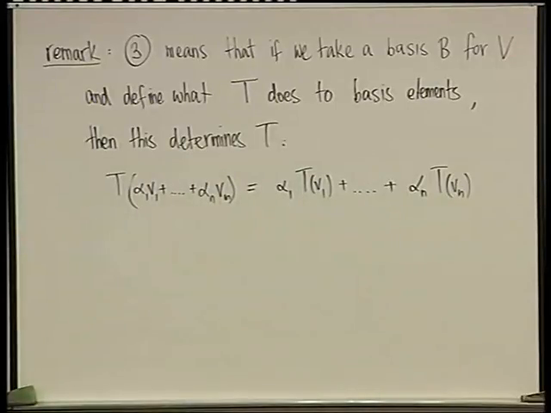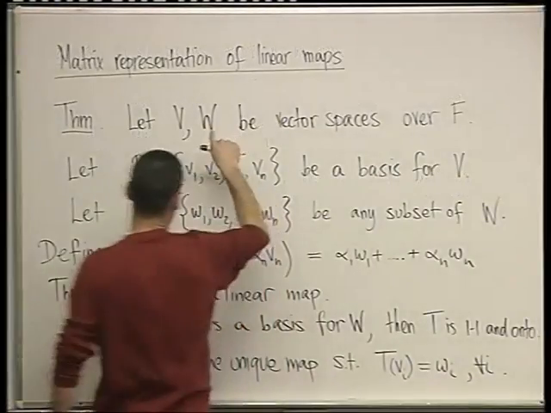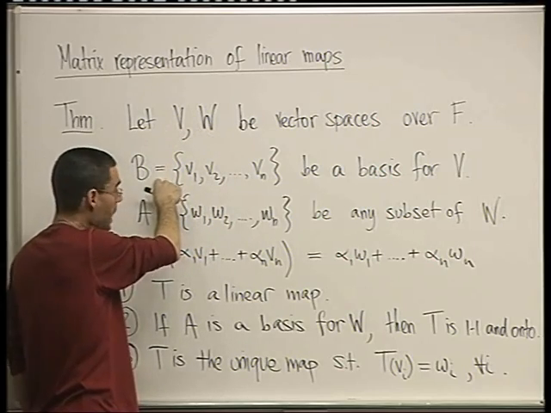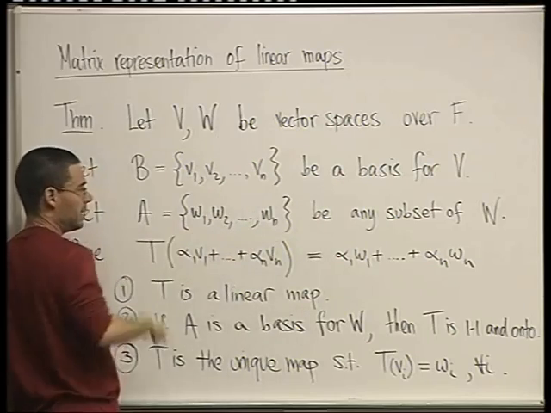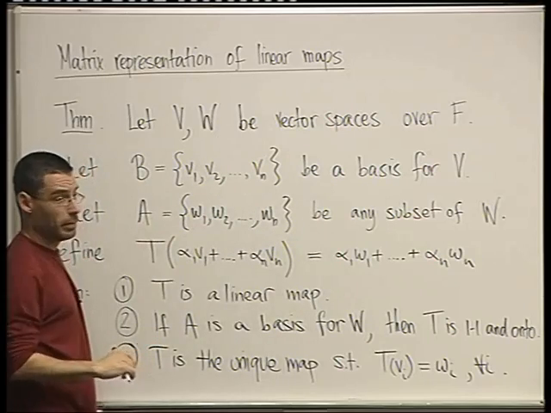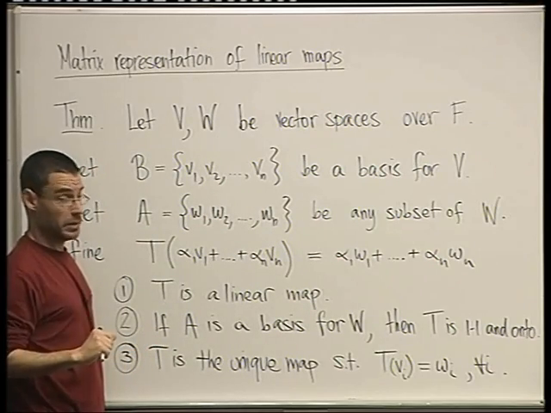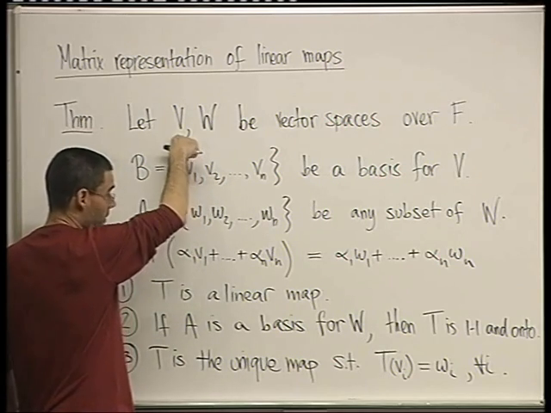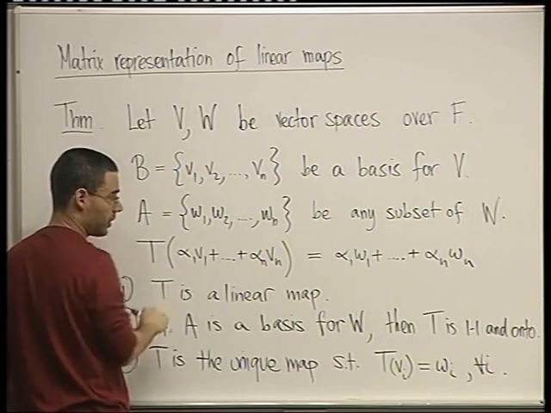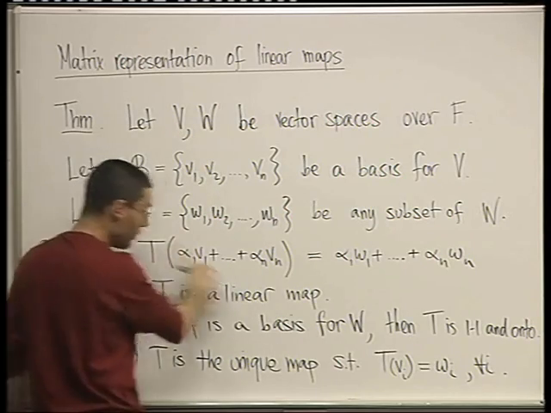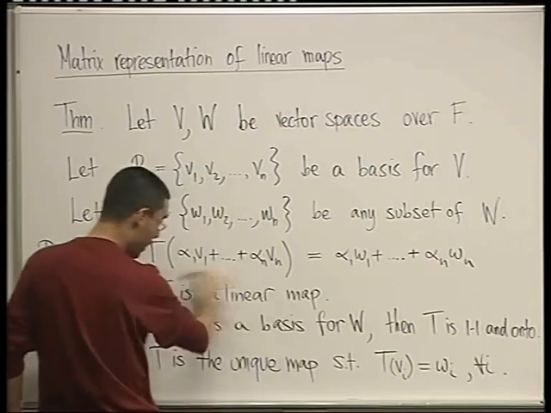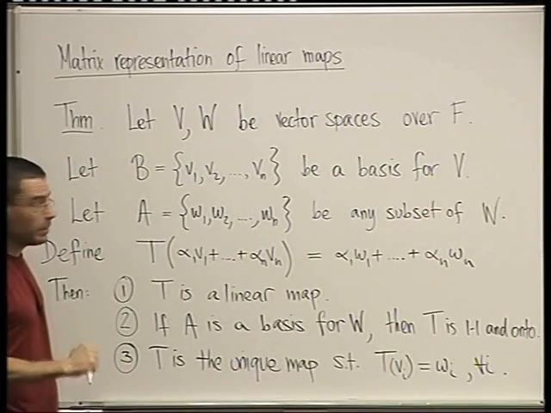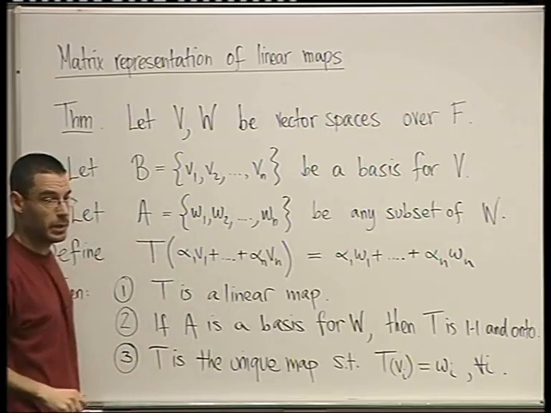We have two spaces, V and W. We have a basis for V, and we have some n elements in W, any n elements. Okay? We're defining T of an element in V. Any element in V is a linear combination of the basis elements. We're defining it to be the same linear combination where we replace the V's with the W's. Okay? The same linear combination of the W's.